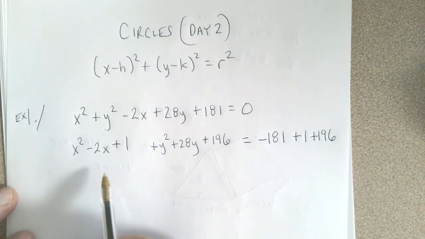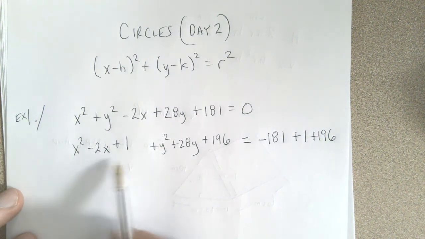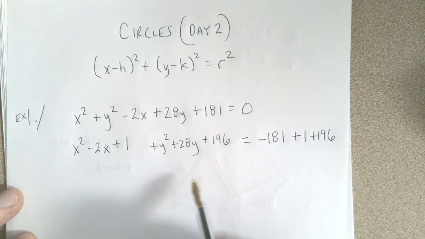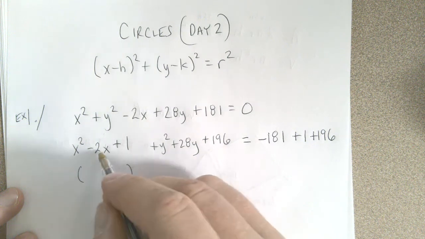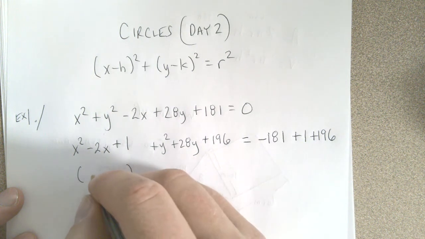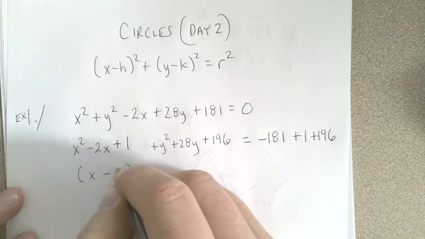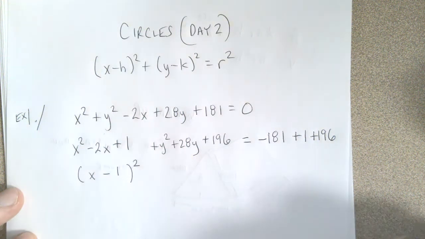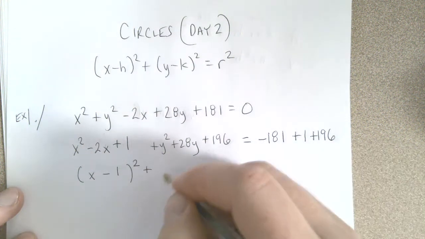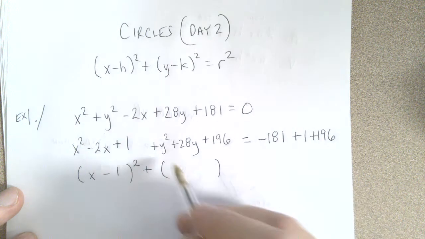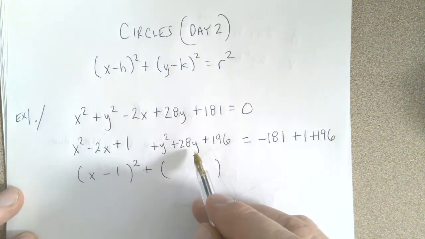Now, what we have created here is a perfect square trinomial, 2 of them. So if I condense this, x squared minus 2x plus 1, that is really the same thing as x minus 1 squared. Plus, this is also now a perfect square trinomial.